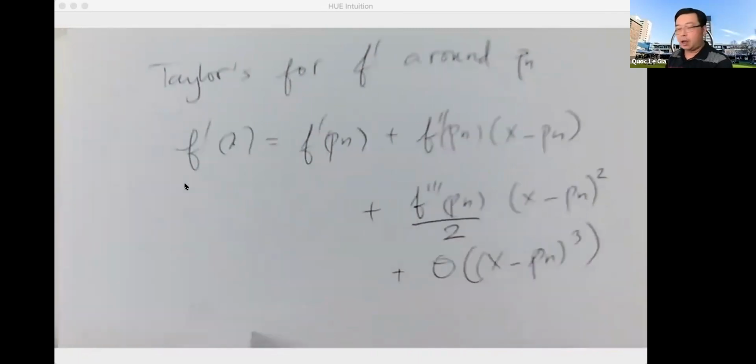And we do it again exactly like before. So we set x equal p.